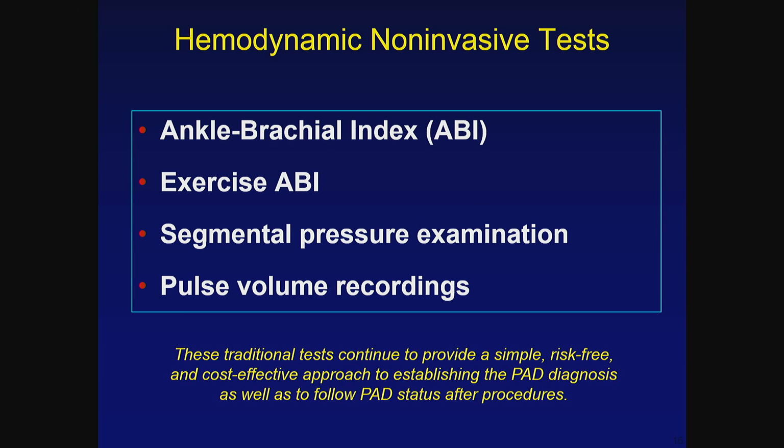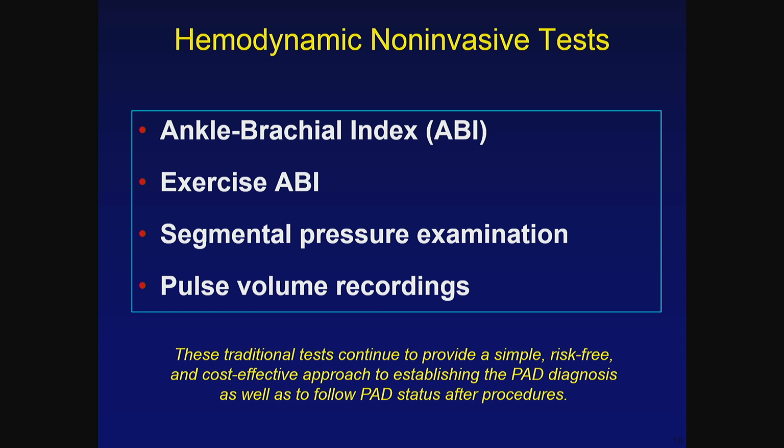Beyond that, the most important test to assess the presence and severity of peripheral artery disease is, of course, the ankle brachial index measurement.